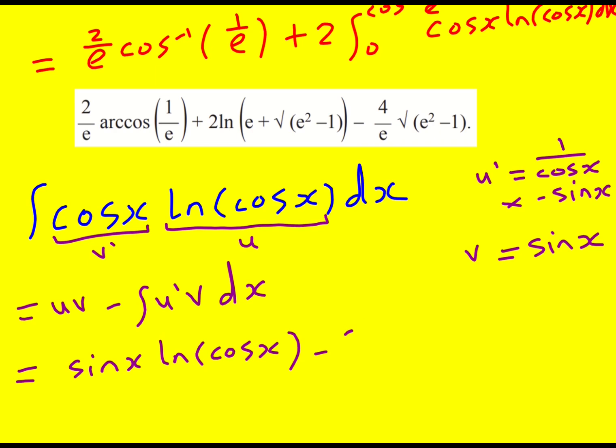Then minus u dash v. There's a double negative in here, so I'm going to change this to a positive, and let me just write it as sine x over cos x times sine x.